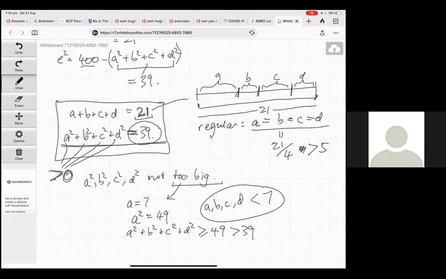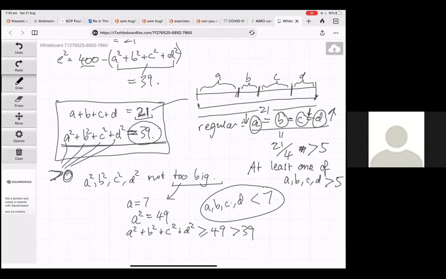Now, if we start to make one of these bigger, then some combination of the other ones will have to become smaller to account for that. Or if we start to make one of them smaller, then the other ones have to get bigger. So just based on this idea of balancing it out, we can comfortably say that at least one of A, B, C, and D has to be bigger than 5.